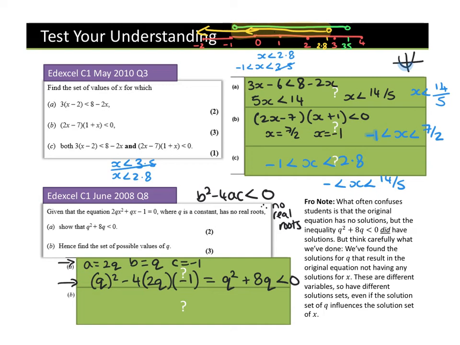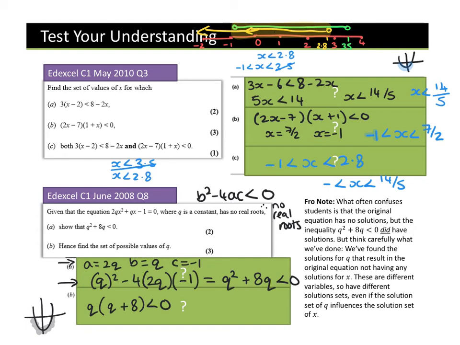So if I have q squared plus 8q, I've got no constant at the end, I can just factorise out q. So q lots of q plus 8 is less than 0. Now remember, if I look at a graph, this is a positive. If I'm looking at less than 0, I'm looking below the axes, which means I'm going to have one inequality, because it's going to be in between two numbers, isn't it?